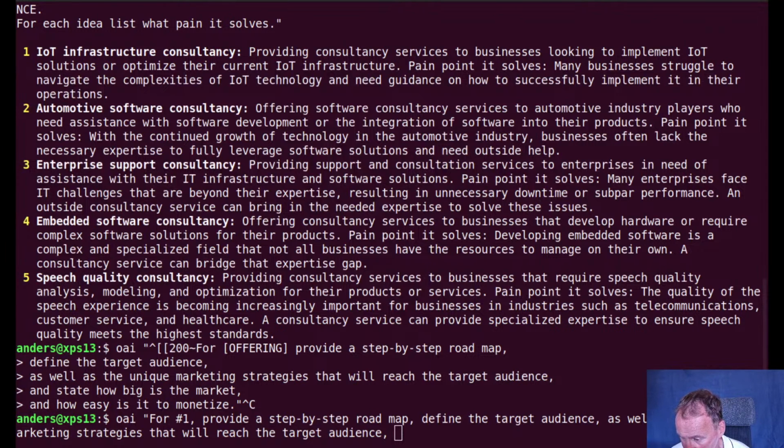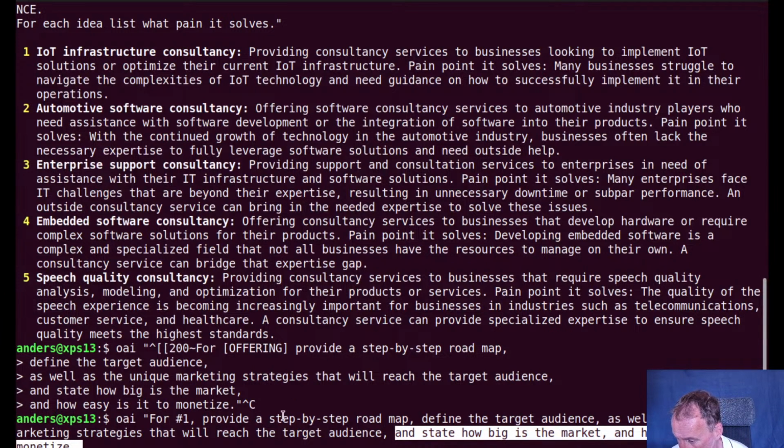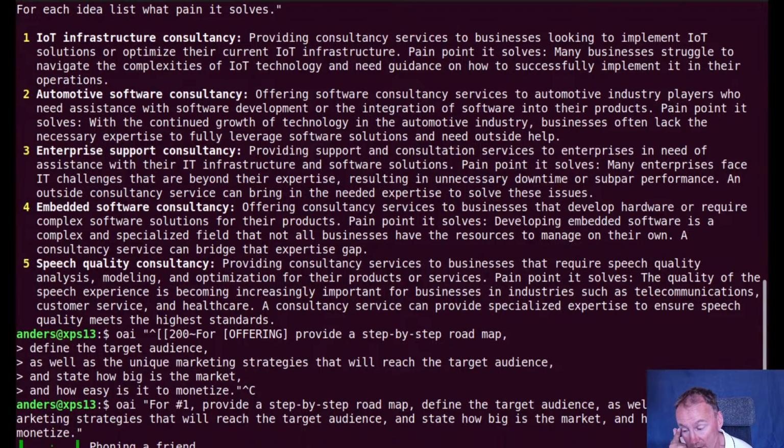And then finally, how big is the market and how easy is it to monetize it? So that's it, and that is what I need to ask for each of these 5 points.